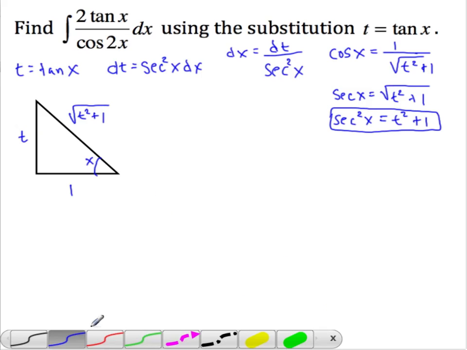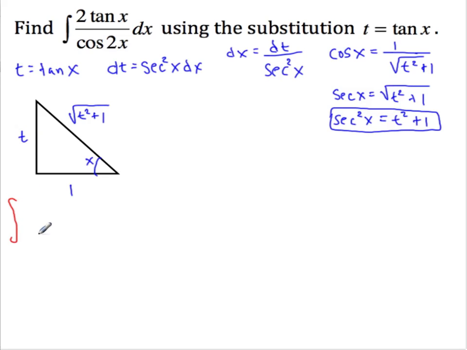Okay, well, I'll do this one in red, more space, different color. Okay, integral. 2 tan x, tan is t, so 2t over cosine 2x, times dx. What's dx?